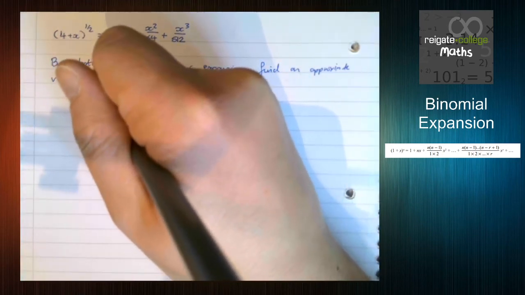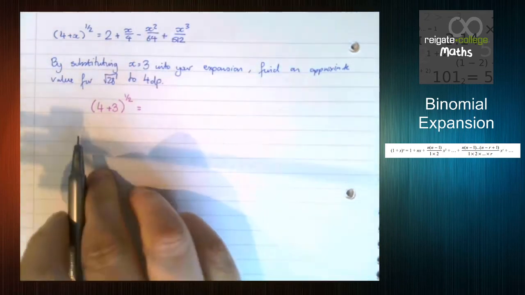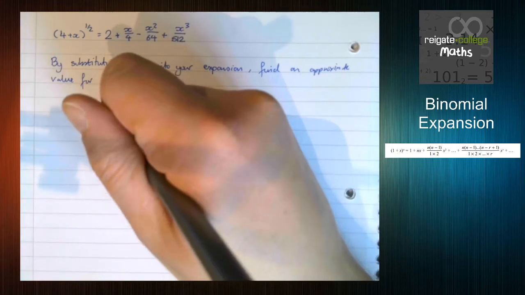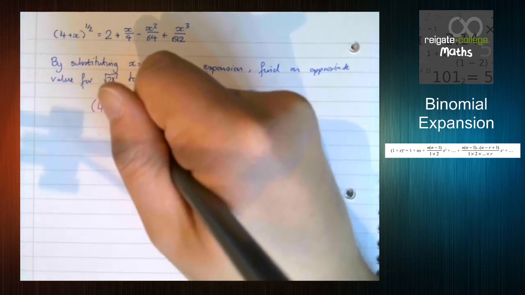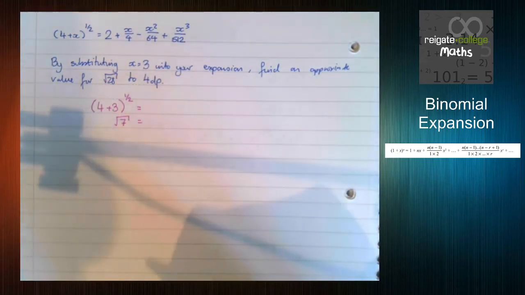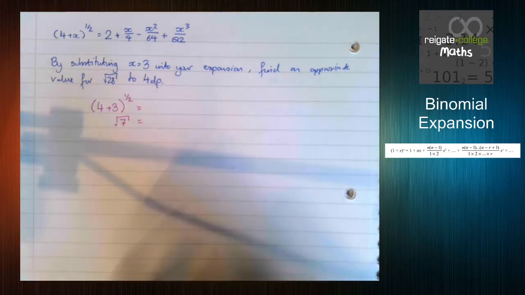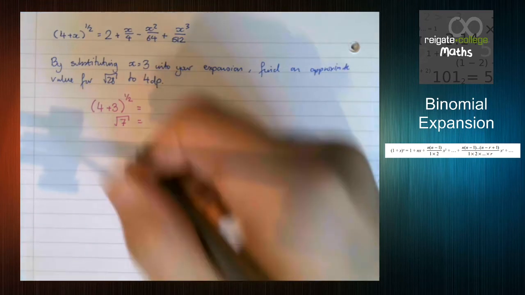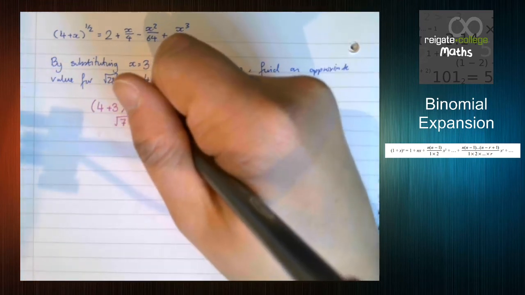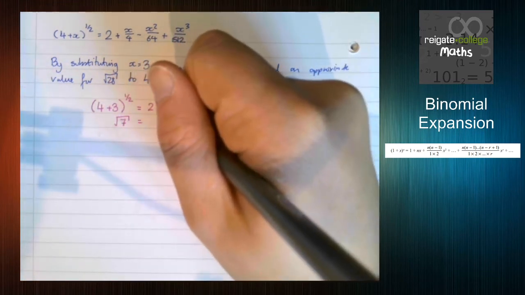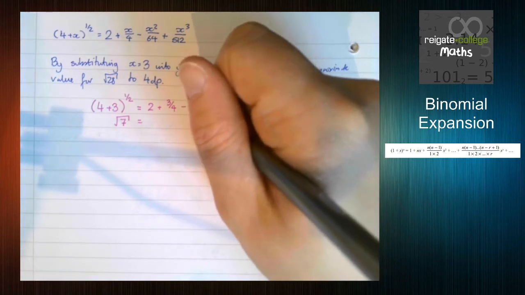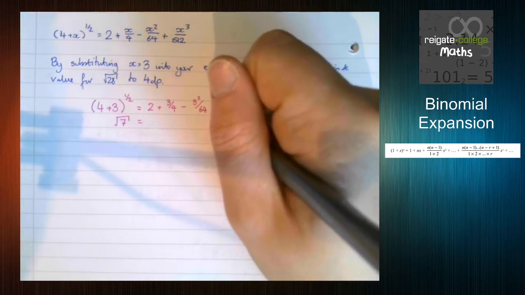So if we stick 3 into our expansion, we're getting 4 plus 3 to the half, which is root 7. This is not the root 28 that we've been asked to find, but this is linked to it. So we can use our expansion immediately to find an approximate value for root 7.